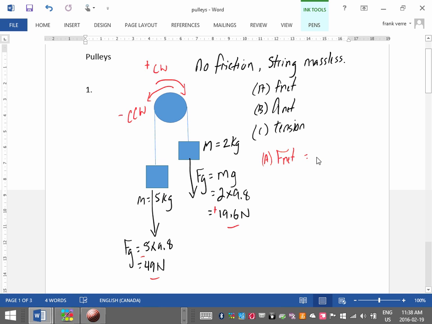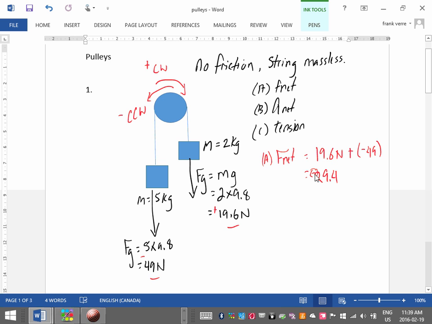So when we add them up, because for the net force you add up the forces, it would be 19.6 newtons plus negative 49. So what would that be? 29.4, but you notice that it's negative, right?